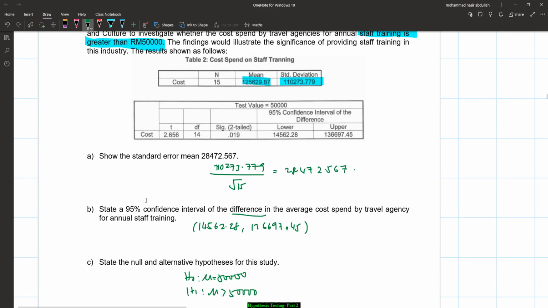So we look at the p-value. Since the p-value is less than 0.05, we can conclude that there is enough evidence that the annual staff training cost is greater than RM 50,000.